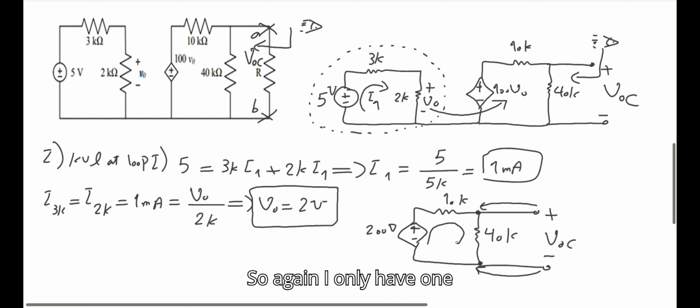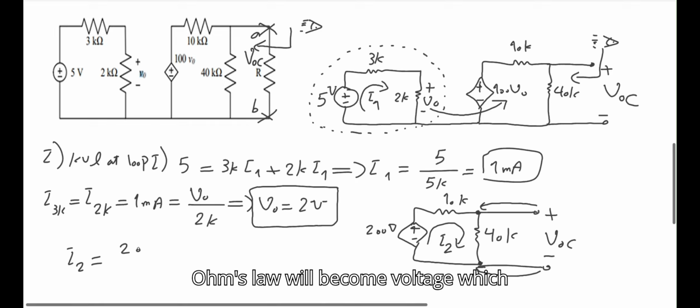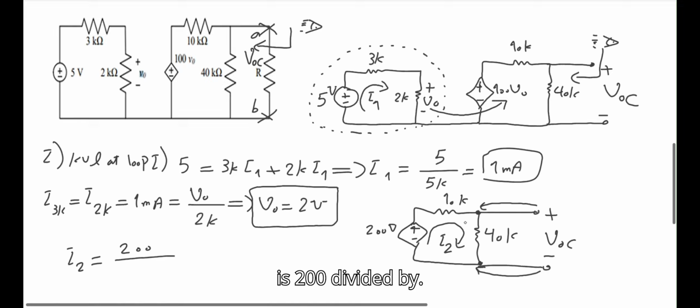So again, I only have one loop, so I consider it I2. So the current I2 from Ohm's law will become voltage, which is 200 divided by resistor, which is 50k.